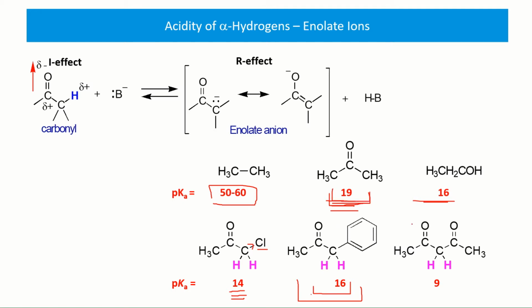Why? We know that this fella here, this is the diketone, has very acidic protons. Look at it, pKa of 9. Why is this? These beta dicarbonyls have very low pKa.